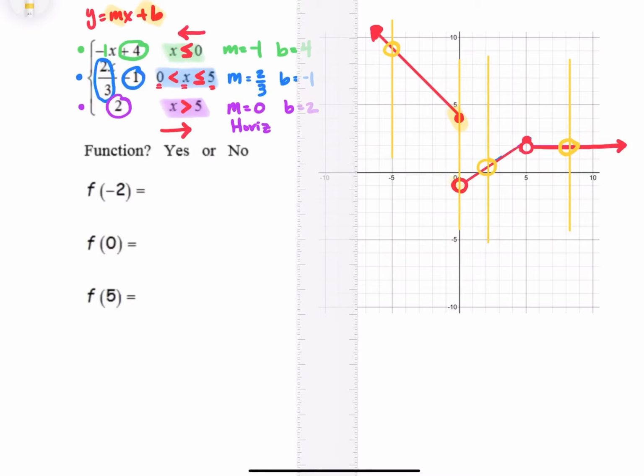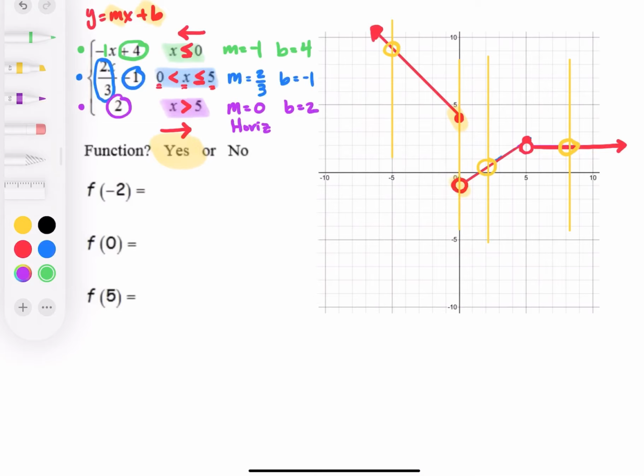But the open circle means that it's really close to that point, but it's not quite on that 0. So technically, it only goes through the graph once. All right, so in this particular case, is this a function? Well, yes, it is, because no matter where we draw that line, it is only going to go through our graph once.